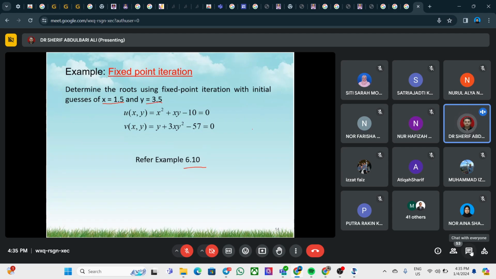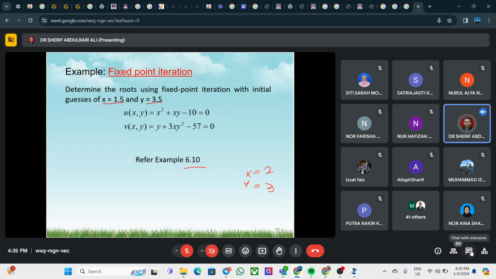By the way, the true values that we want to achieve, to make these two functions equal to 0, are x equal to 2 and y equal to 3.